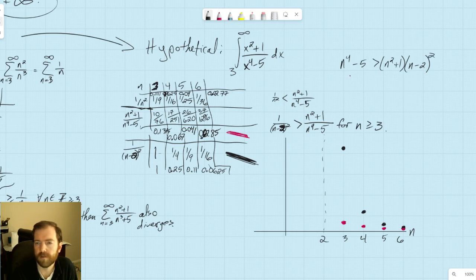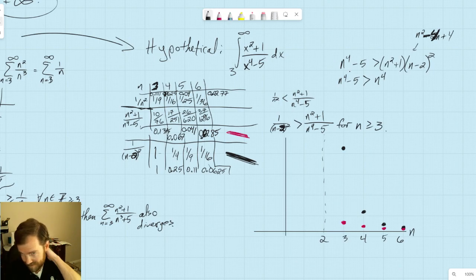Okay, so here we're going to have n to the 4th minus 5 greater than n squared minus 2n plus 4, right, 2AB.